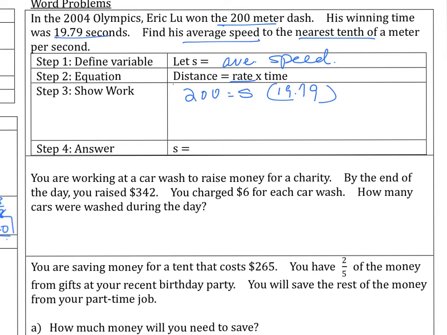So therefore, we need to solve for S. S would equal 200 divided by 19.79. And after you divide, you should get about 10.1. So the average speed is 10.1 meters per second.